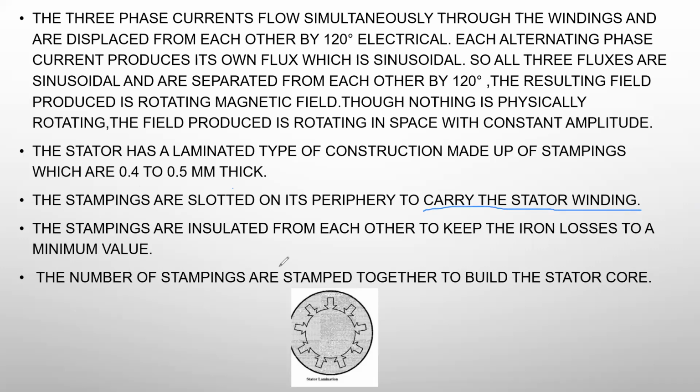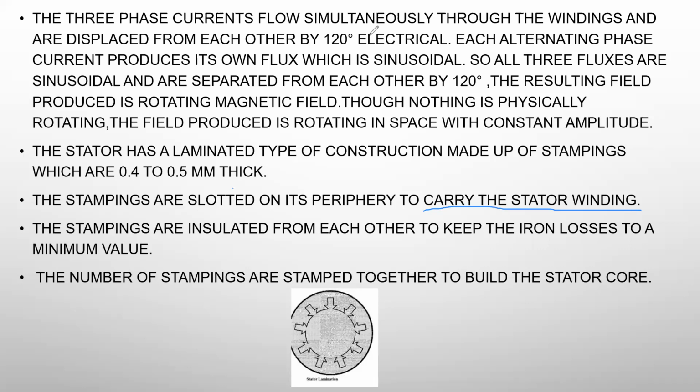You can go back and see my lecture video if you want better clarity. The stampings are insulated from each other to keep the iron losses to a minimum value. A number of stampings are stamped together to build a stator core. So this is the construction detail of the stator.